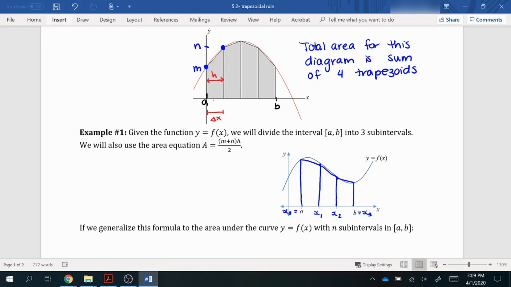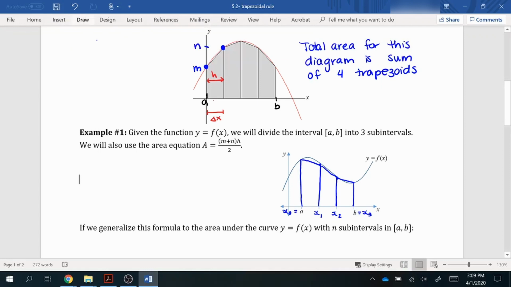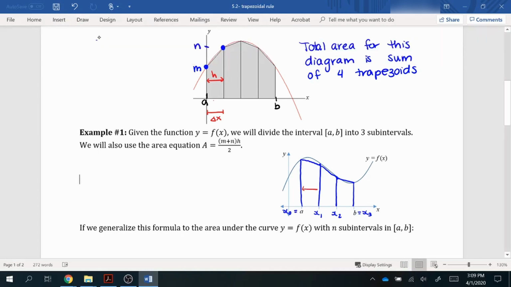And our height of each trapezoid is actually kind of now our width, because we've got this trapezoid turned sideways. So this here would be our h, which is actually our delta x. And this here would be m and n, our two different side lengths of our trapezoid.